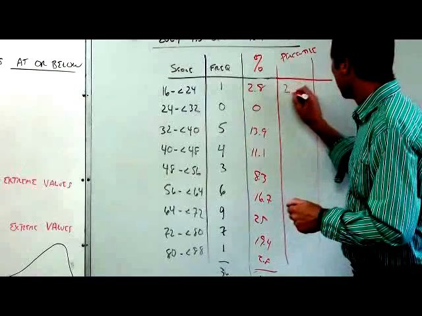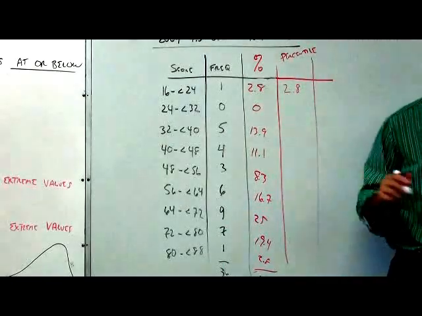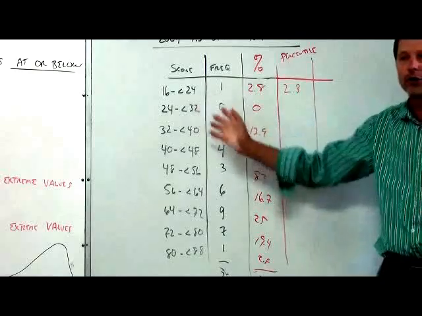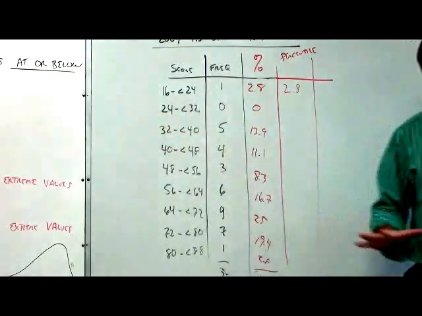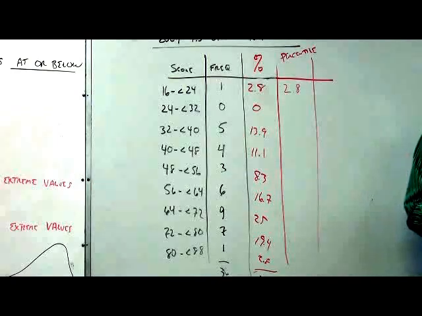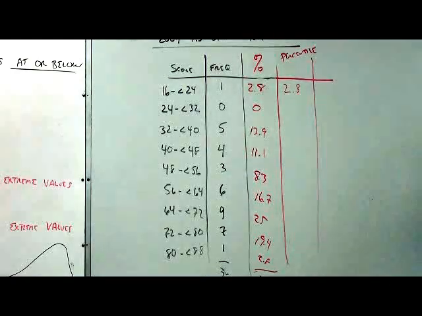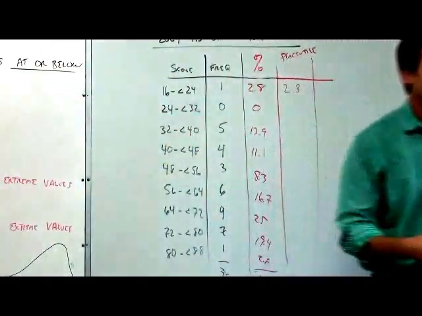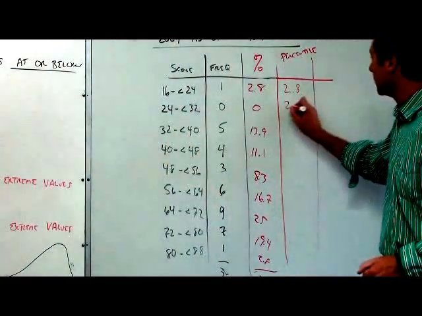I agree. All right, now a little bit trickier. What percent of the scores are at or below 32? Not how many scores, what percent. Remember, percentile is a percentage, right? I agree, 2.8.